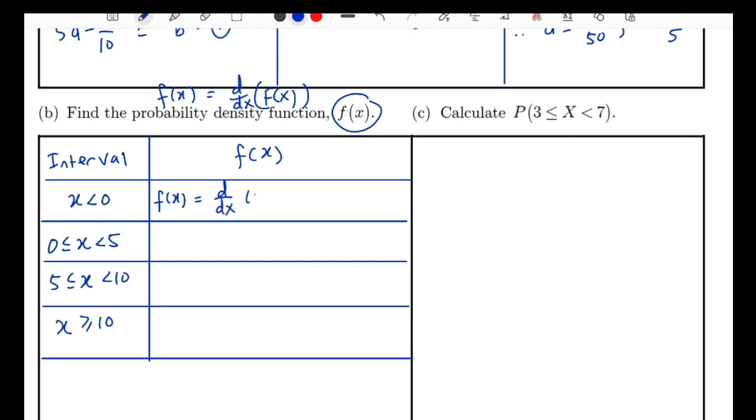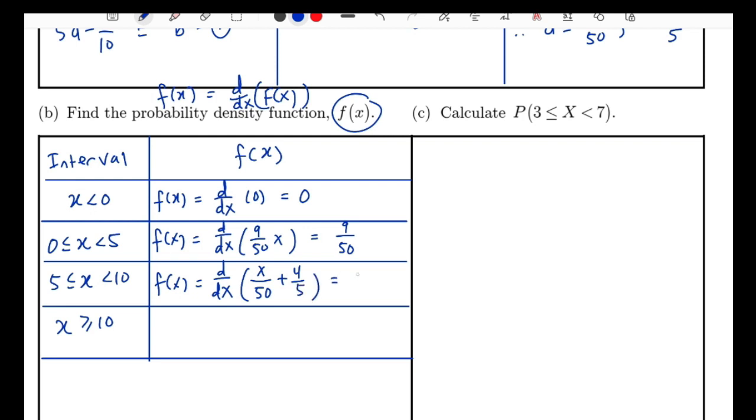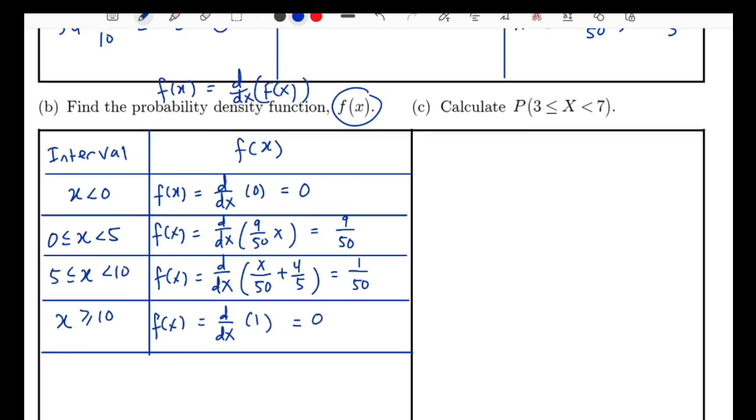Differentiating 0 will give us 0. Differentiating 9 over 50 x will give us 9 over 50. Differentiating x over 50 plus 4 over 5 will give us 1 over 50. And differentiating 1 will give us 0.